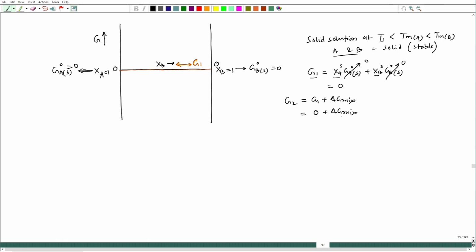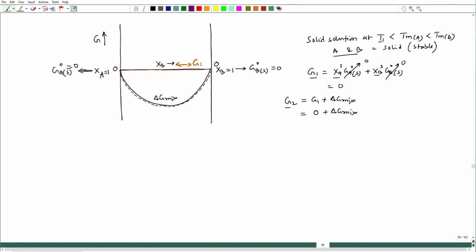If I look at the delta G mix plot, it will be symmetric, since it is minus T delta S mix. So now G2 would exactly fall on delta G mix because G1 is 0. If I try to plot G2, it would be exactly falling on this particular delta G mix curve.